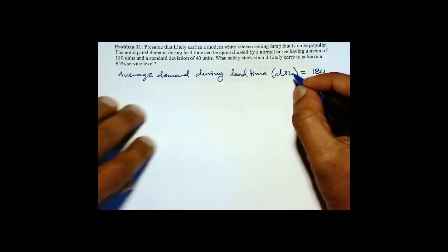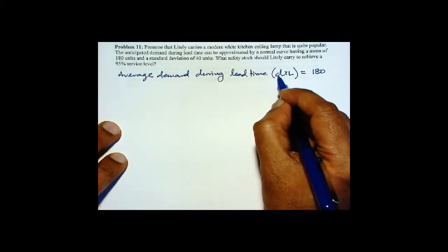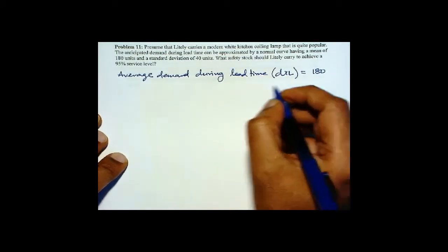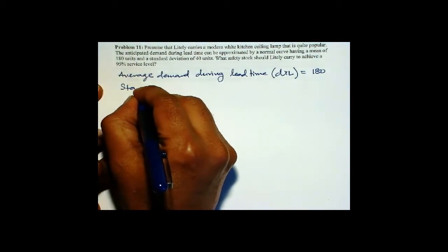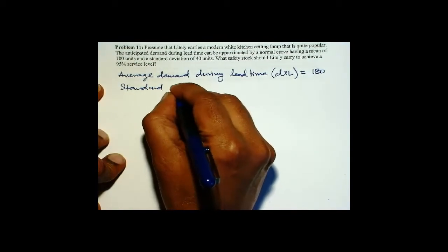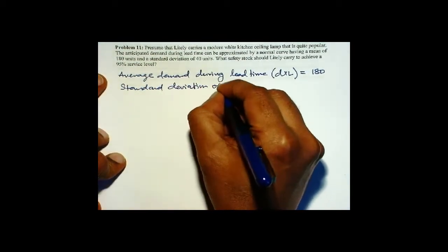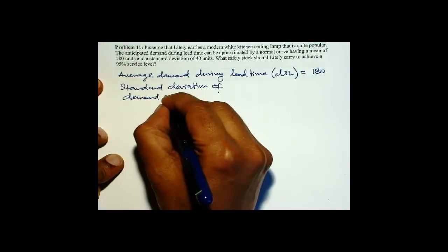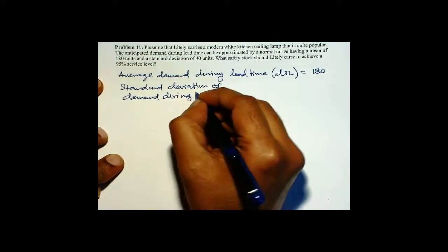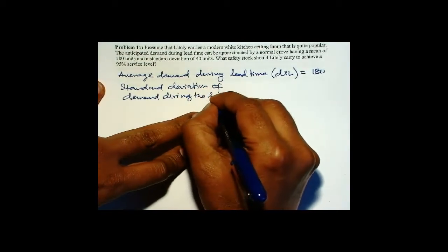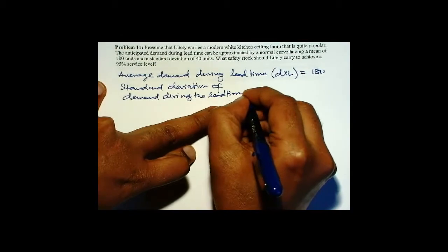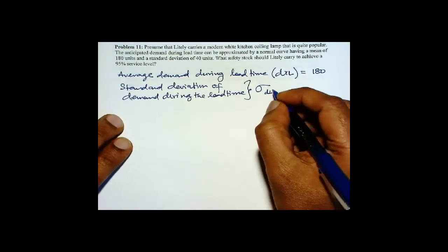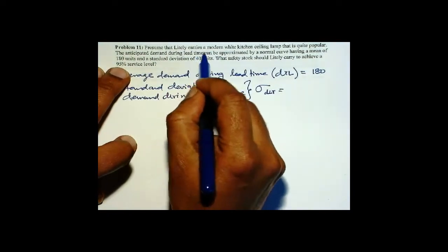So we don't know the value for D, we don't know the value of L, but we know the value of D times L. And standard deviation of demand during the lead time, and that is given by this notation, and that is provided as 40.